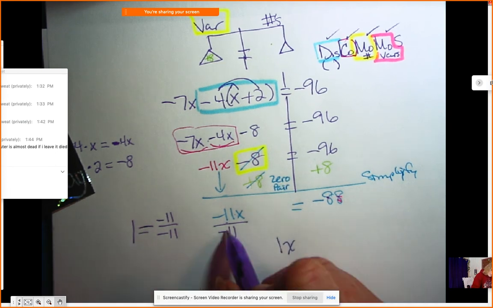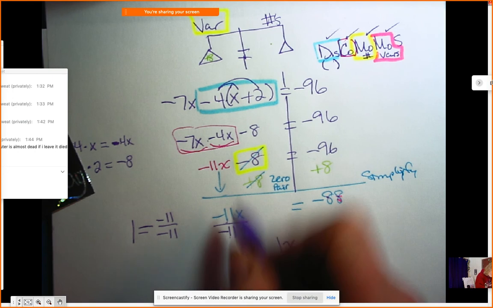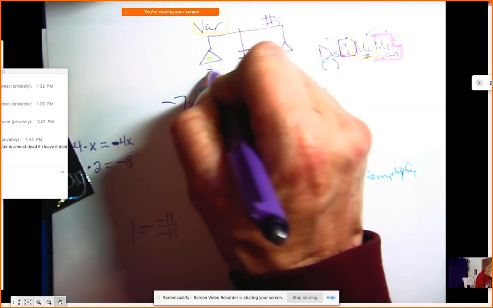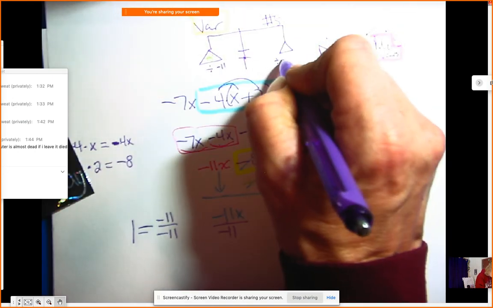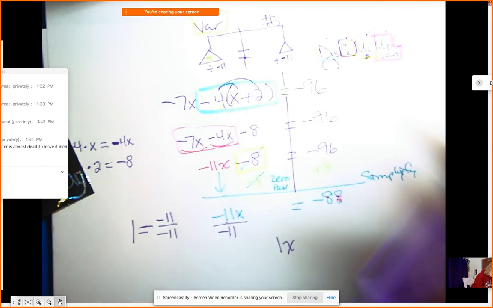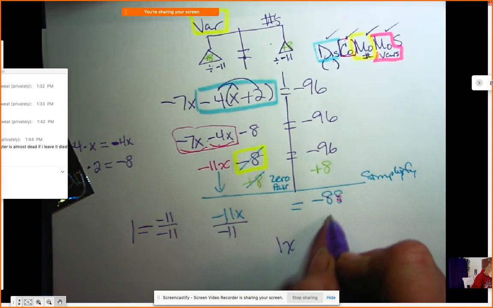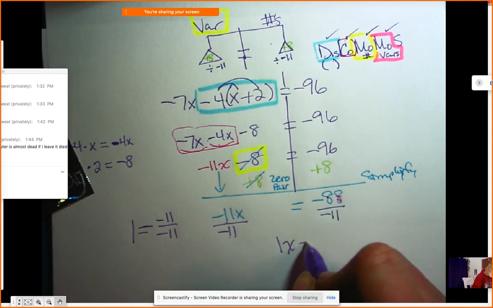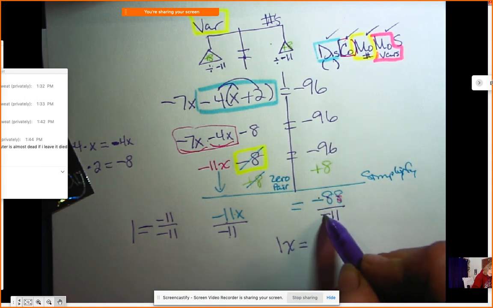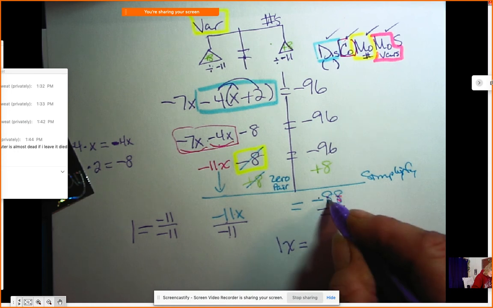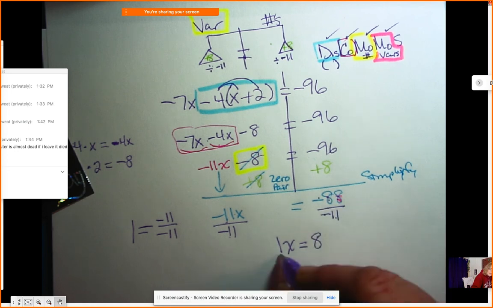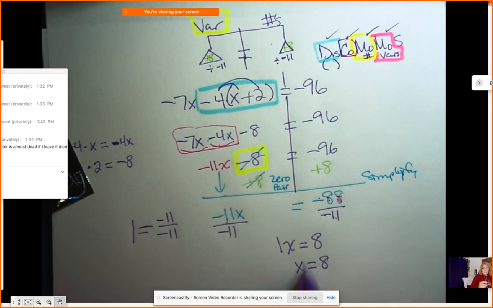So I'm going to get, but if you do this to one side, I'm going to divide by negative 11. You got to do it on both sides. So I'm going to divide this by negative 11. Negative divided by negative is a positive. 88 divided by 11 is 8. So, and I don't want you to write 1x. I just want you to write x. Because 1 times x is just x.